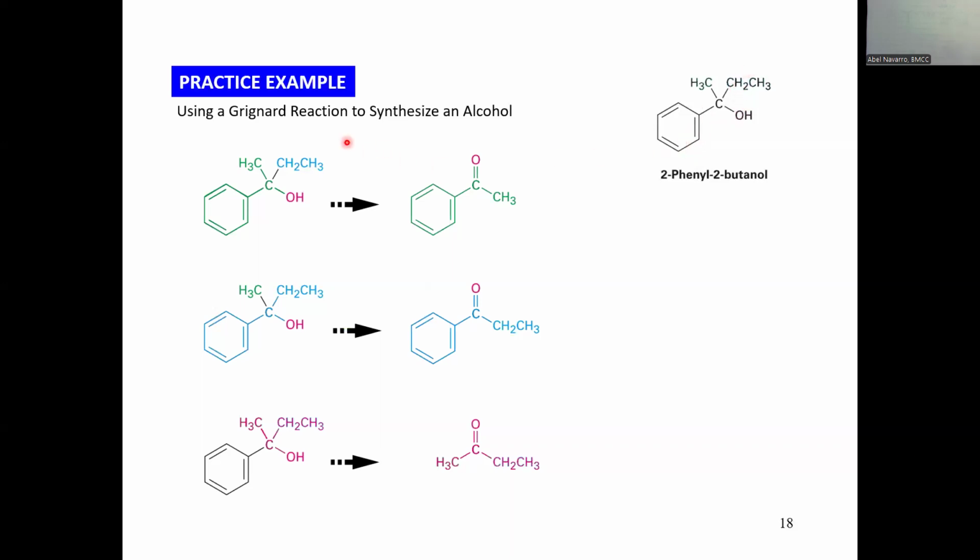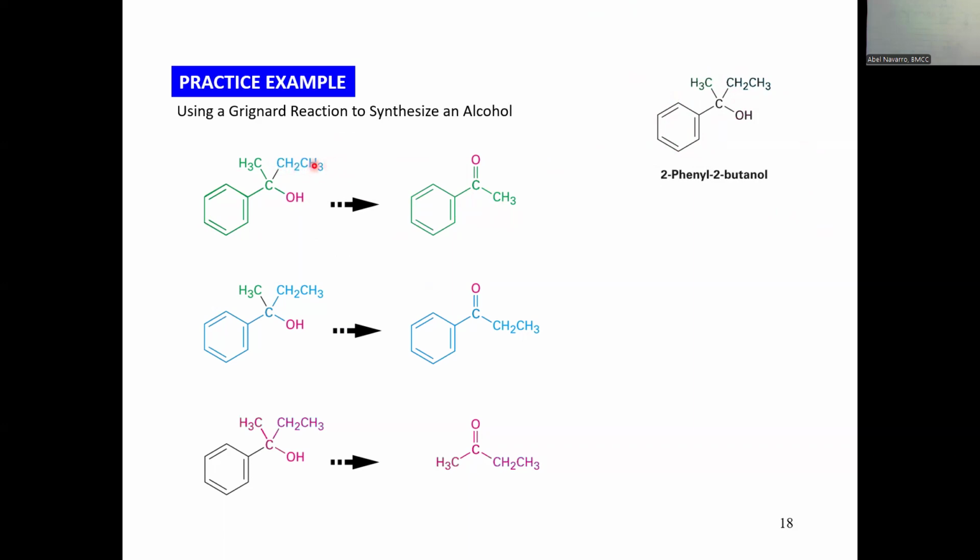Remember that using a Grignard, to synthesize this alcohol, one of these 3 branches has to be the Grignard. It can be methyl Grignard, ethyl Grignard, or phenyl Grignard. I'll write it in a minute. So here are your alternatives. In this case, you are opting to use ethyl as the Grignard.